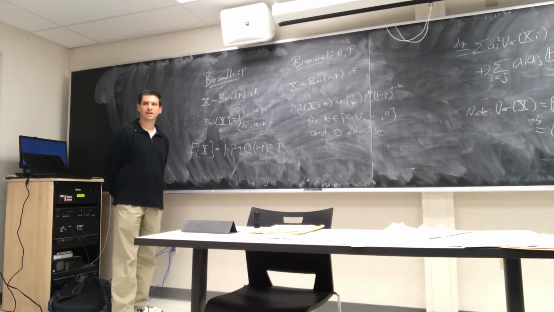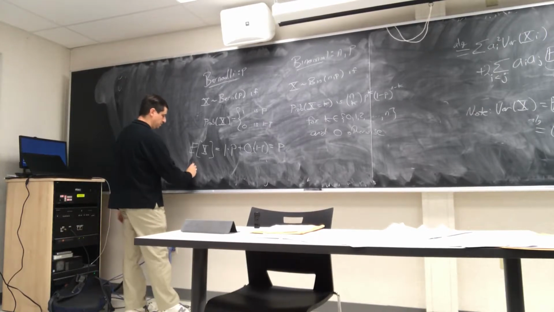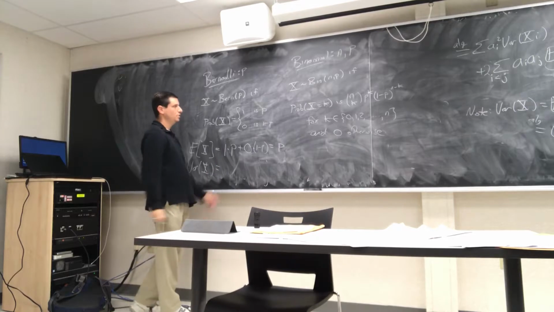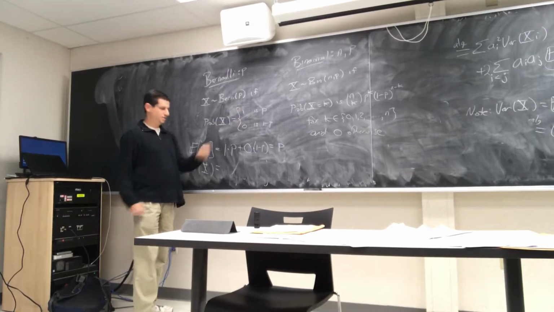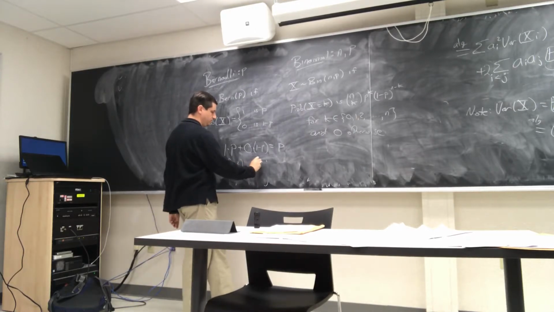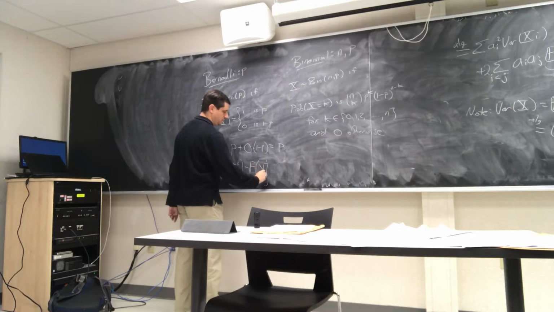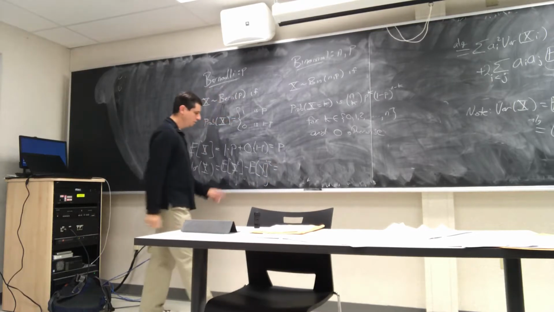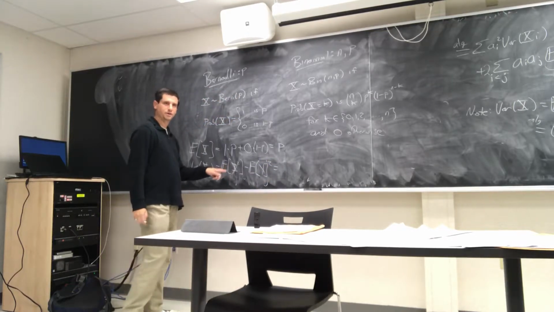What's the next question we should ask? Variance. So the variance of x, I'm going to use the formula, it's the expected value of x squared minus the expected value of x, squared. So what's the expected value of x squared?